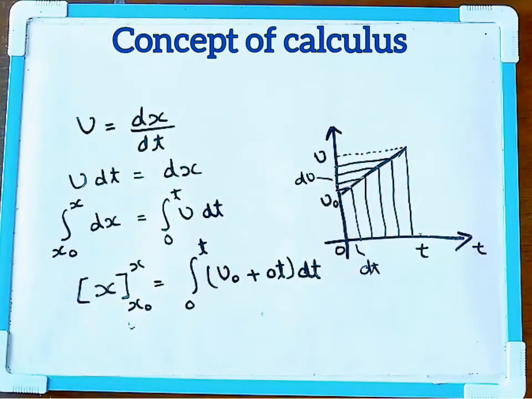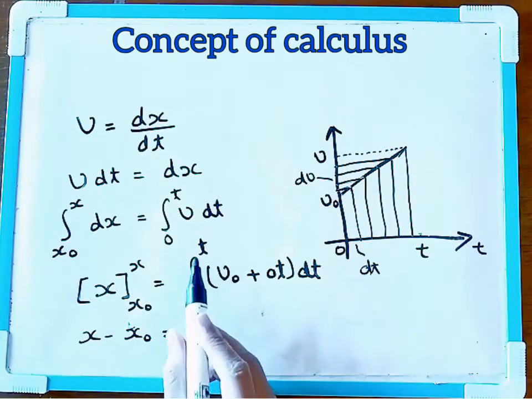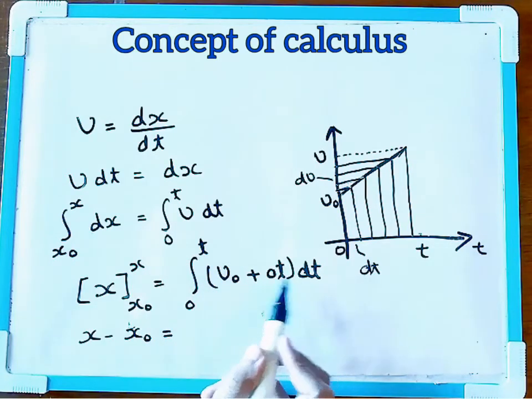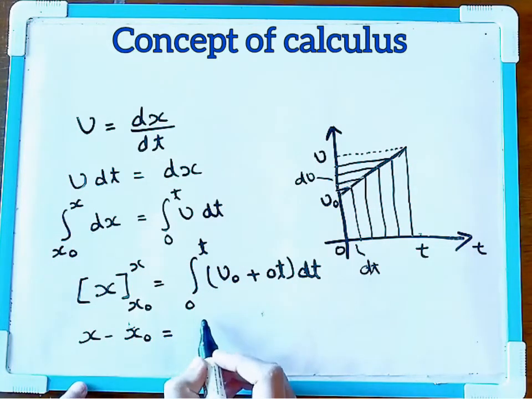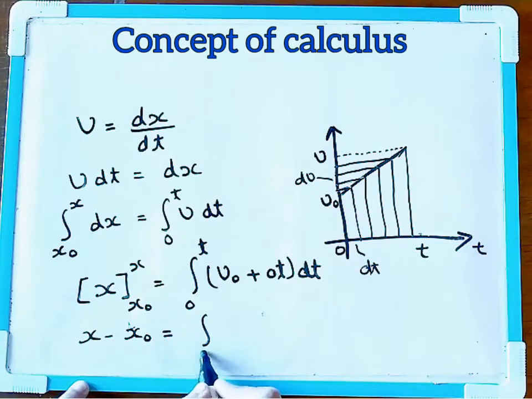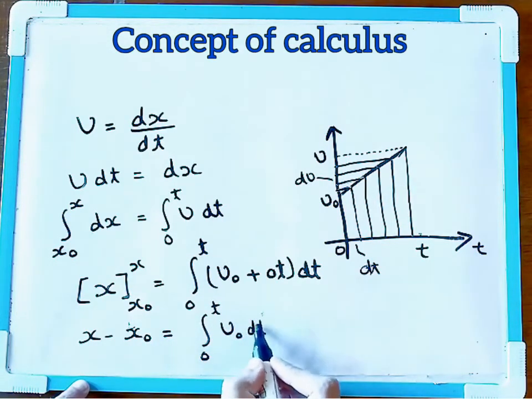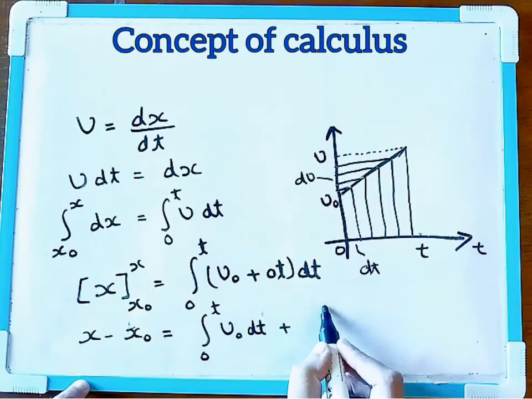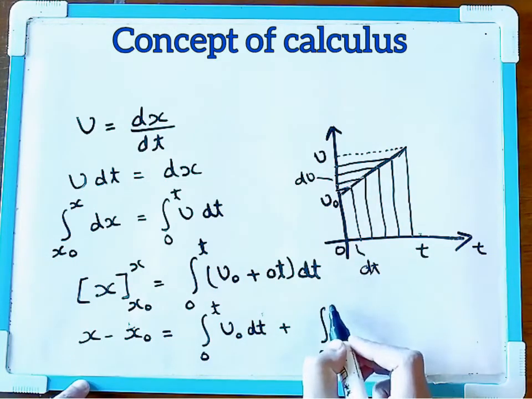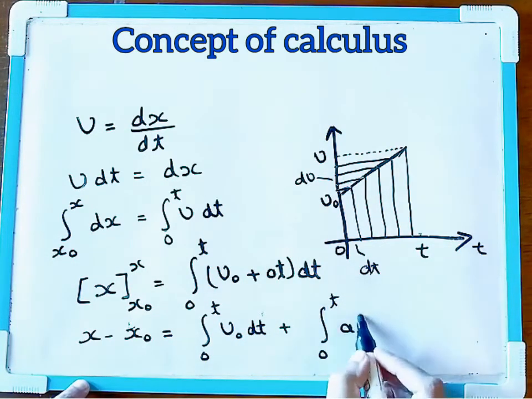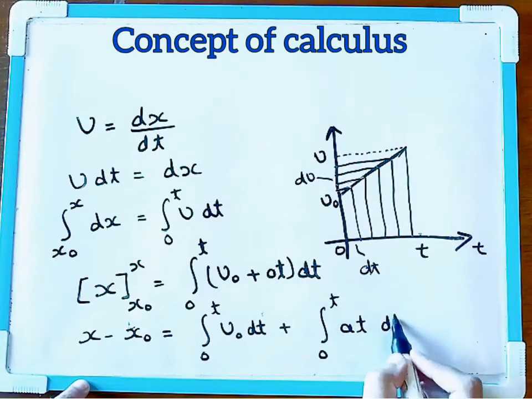This will be putting upper limit minus lower limit: x minus x naught. And here we'll put dt first: integration 0 to t of v naught dt plus integration 0 to t of at dt.